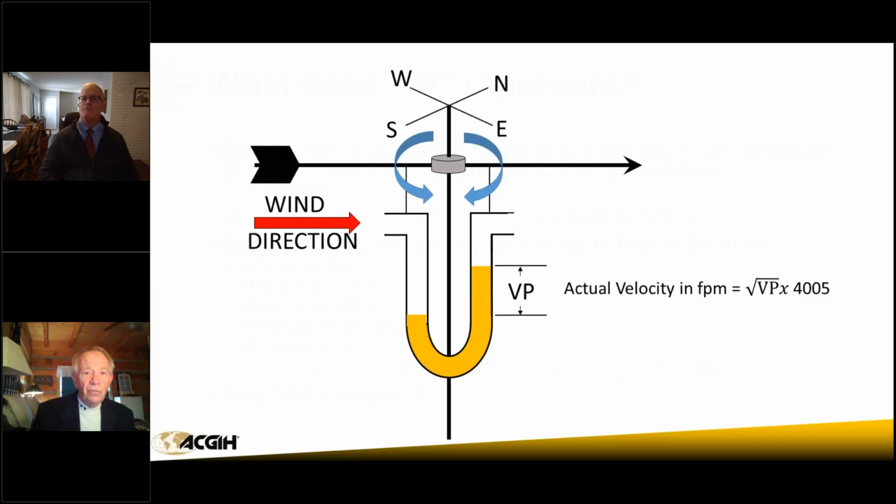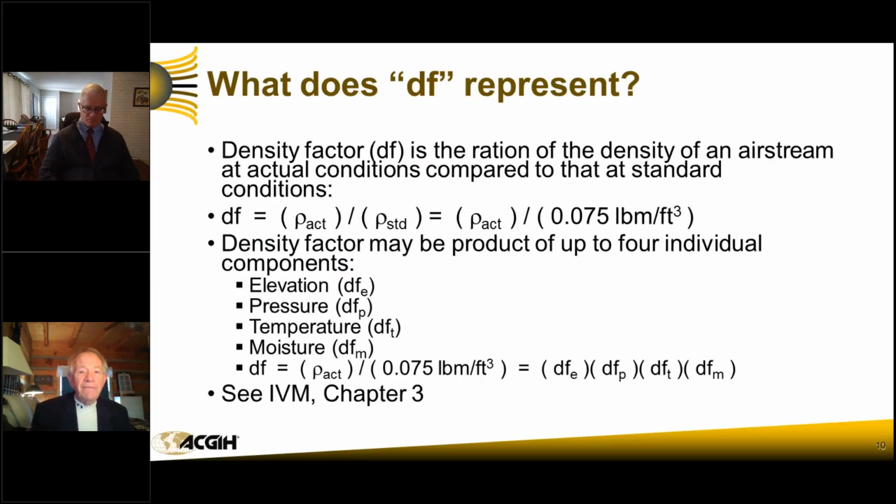So what does DF represent? The DF is the density factor, and that is the ratio of the density of an airstream at actual conditions compared to that of standard conditions. So we have the density factor in this second equation.